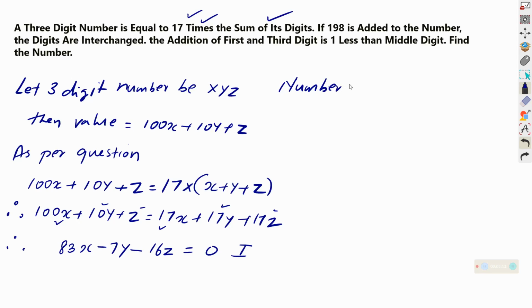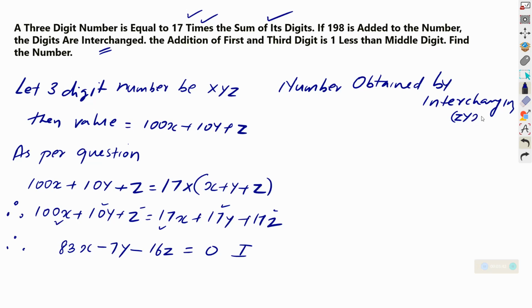Now the number obtained by interchanging, that is the second condition. By interchanging, the new number will be in the reverse order of xyz, that is zyx. Correct? And its value we can write. So the first number is xyz. Now the number will be zyx.